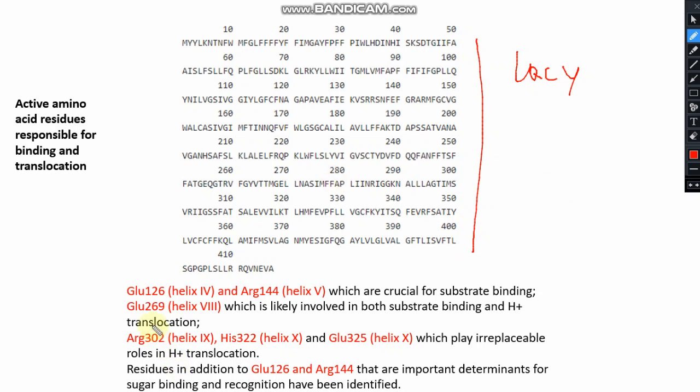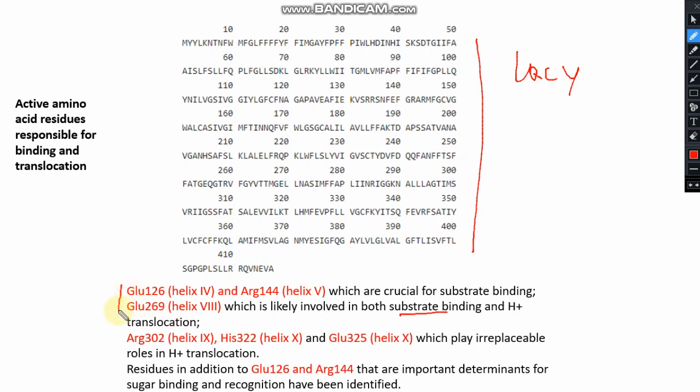Here the researchers did some point mutations in some parts, and they found that there are some active amino acid residues. These amino acid residues are responsible for some activities like binding and translocation. There are two main features: one is substrate binding and the other is proton translocation, because the lactose transportation system depends on the proton translocation.